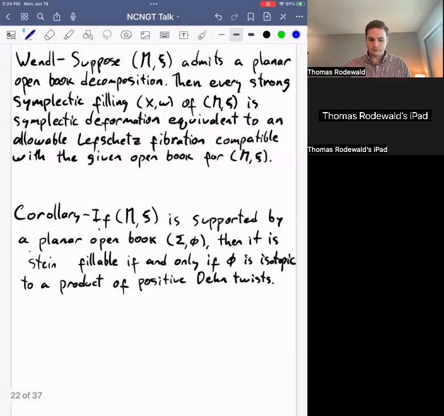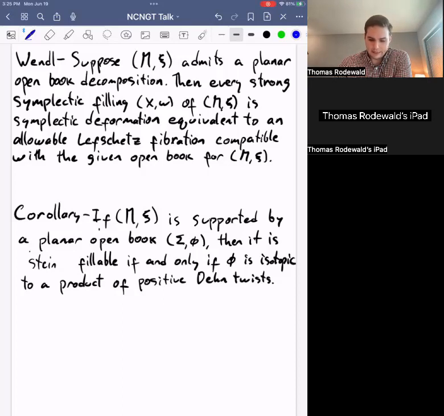And so we're coming up on the result we use. Wendl showed that if you have a planar open book decomposition of a contact manifold, meaning the open book is a disk with n holes removed, then every strong symplectic filling of that contact manifold is symplectic deformation equivalent to an allowable Lefschetz fibration compatible with your open book for the contact structure.